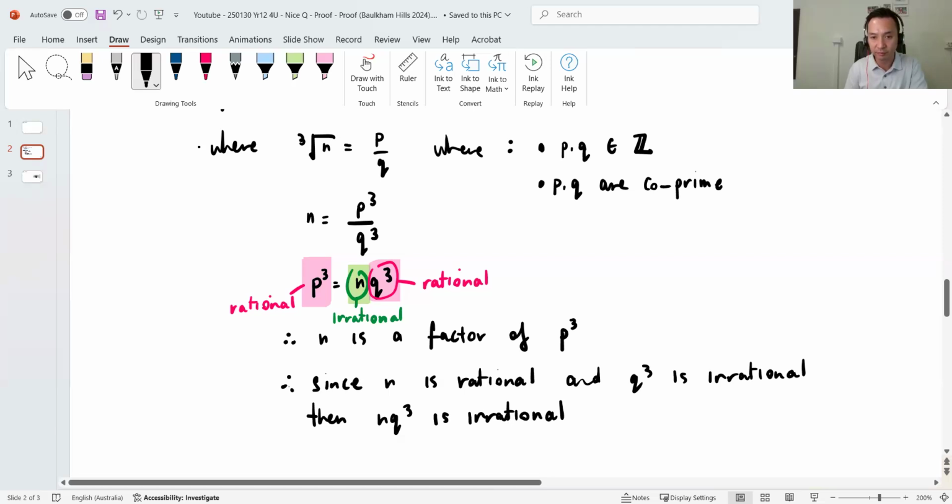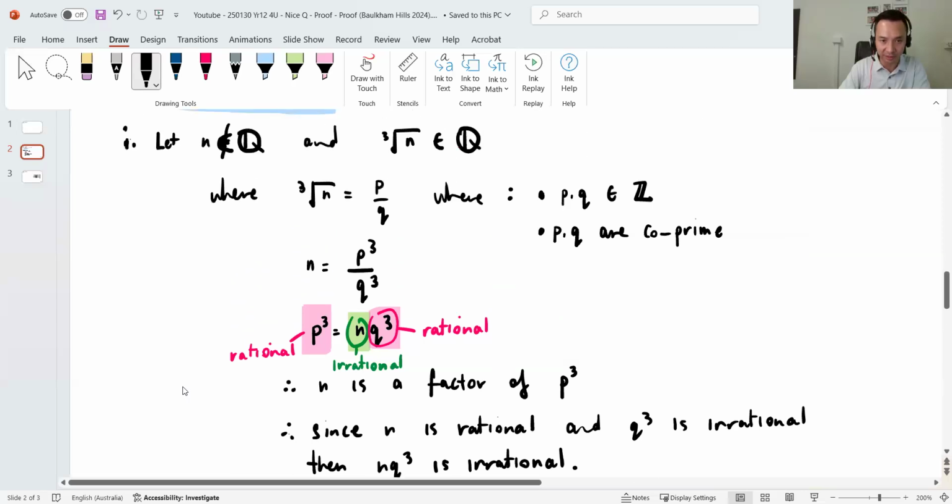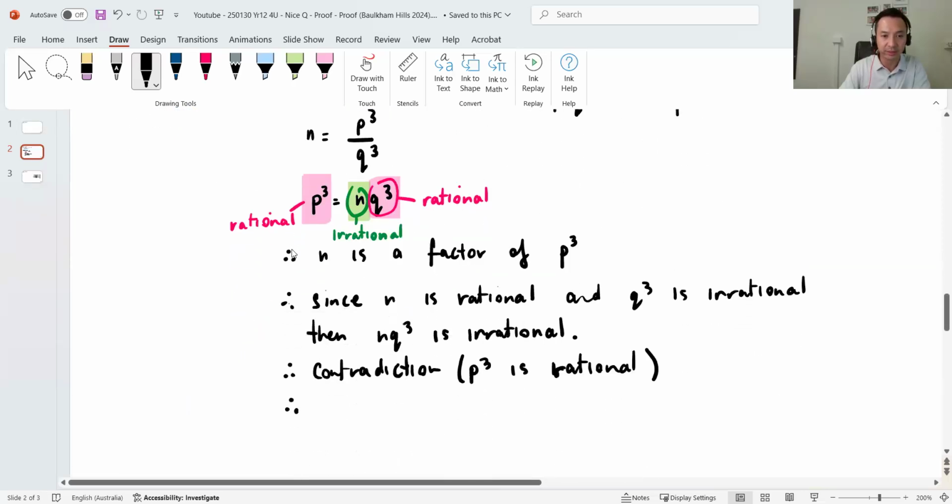And then you go, therefore, contradiction, because p cubed is rational. So if there's a contradiction, then the negation, the opposite, is true, so the statement is true. If your teacher doesn't like that, you can rewrite the question itself, but that's it.